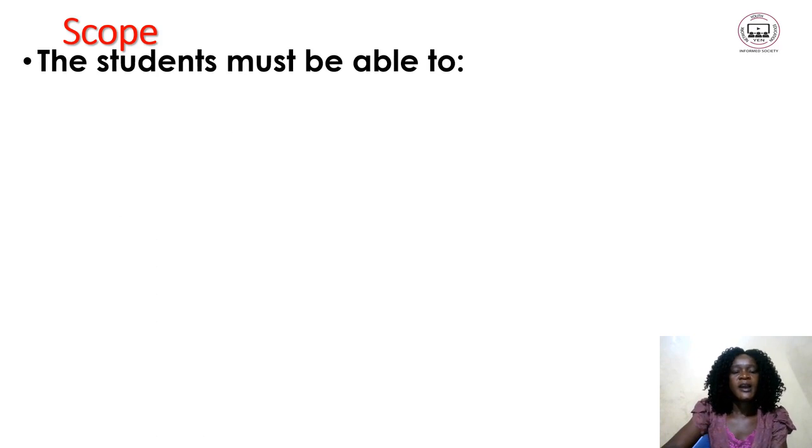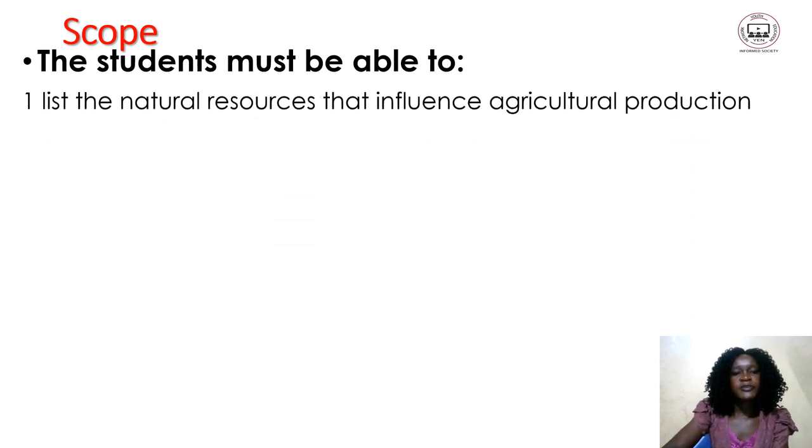Therefore, under natural resources, we're going to discuss a number of items. One of the items is that students must be able to list the natural resources that influence agricultural production.